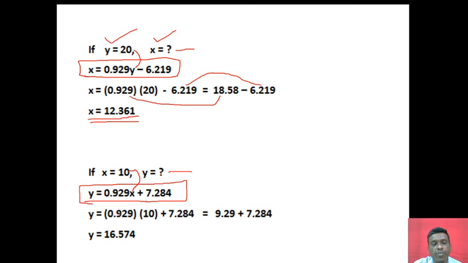So y equal to 0.929 multiplied by 10 plus 7.284. Once you multiply, you will get 9.29 plus 7.284. Once you add, you will get y equal to 16.574.